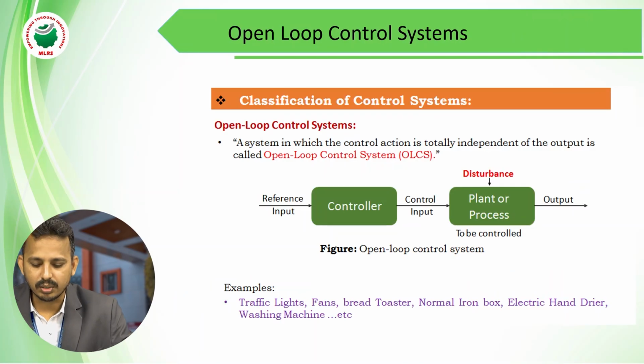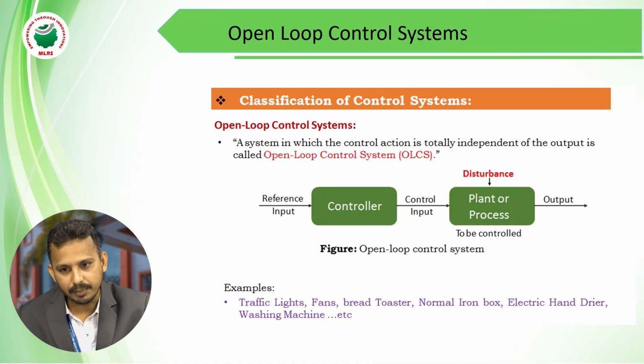Classification of control systems: the definition of an open loop control system is a system in which the control action is totally independent of the output. See here, the reference input is applied to a controller. The controller gives some control input to a plant or a process with a certain disturbance.